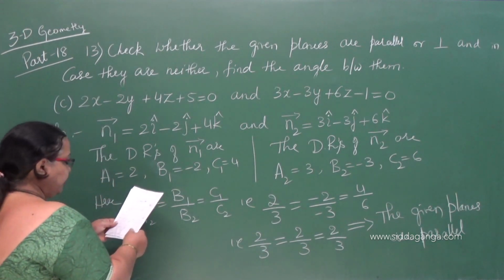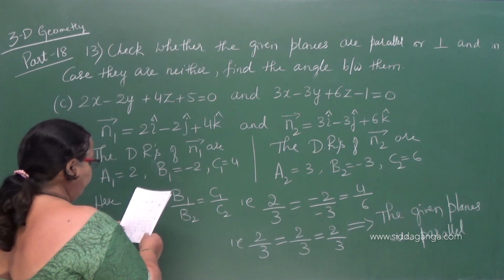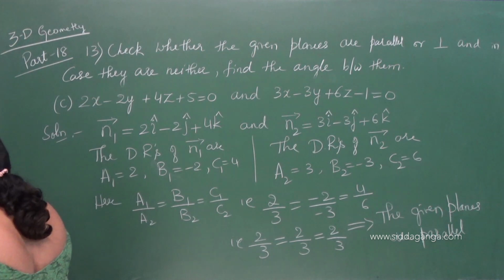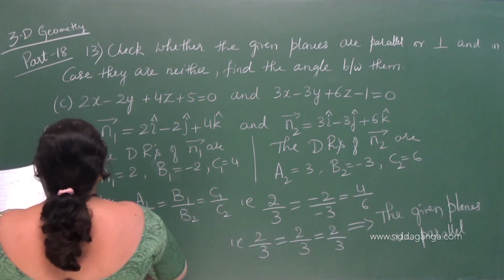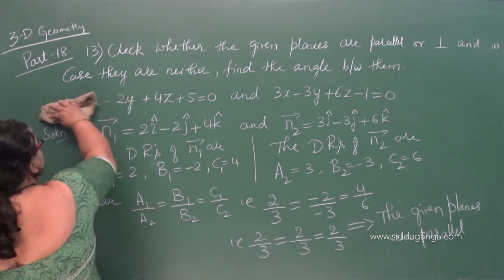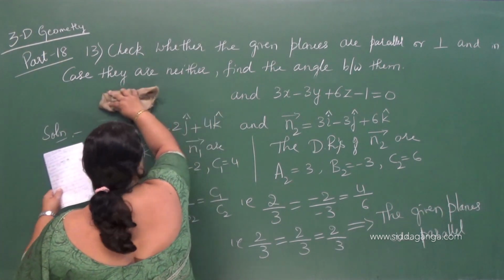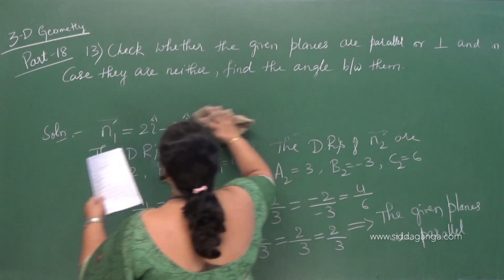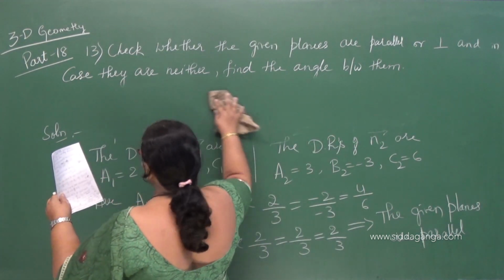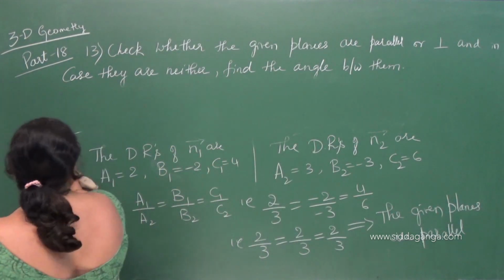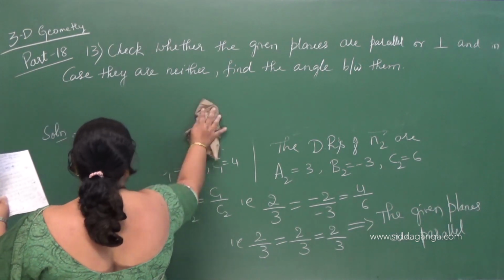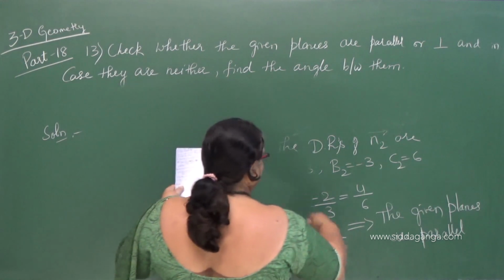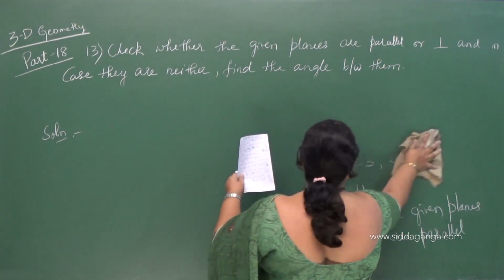I think there is a next problem here also, that is the fourth problem in that 13th main. Now you take that. If you all solved, you check once again.